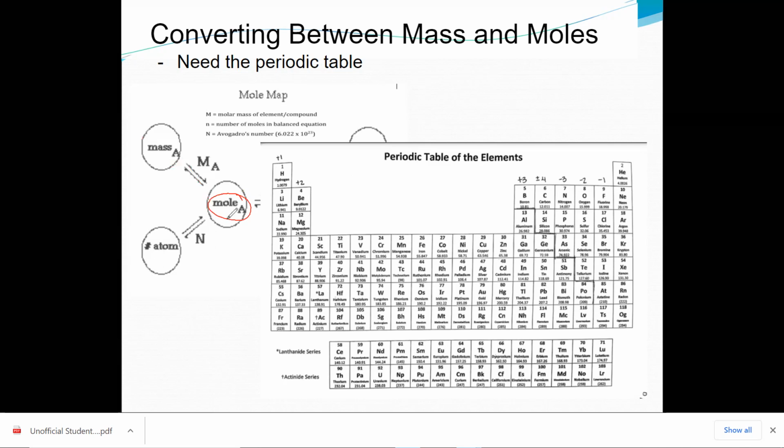In that case, to go from moles to number of atoms, I'm going to multiply by n. If I have a number of atoms, particles, or molecules, and I want to know how many moles that is, I'm going to divide by n, by 6.022 times 10 to the 23rd power. So again, when I give this to you in class, you better mark it up so that you don't do it the wrong way.